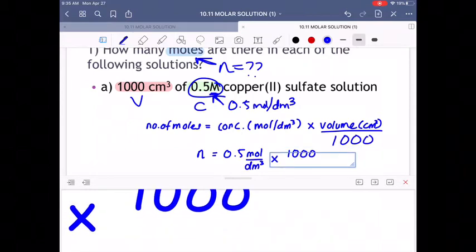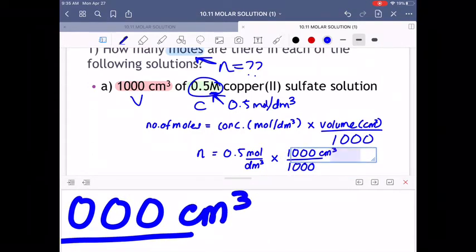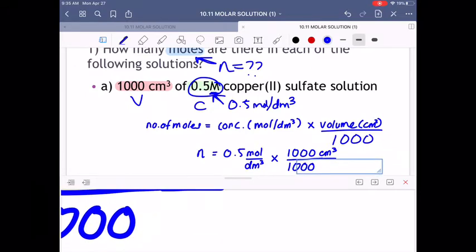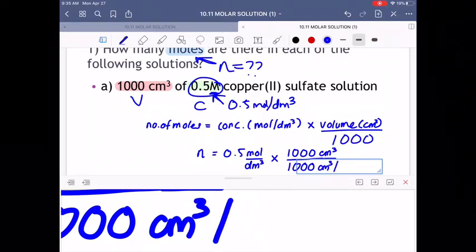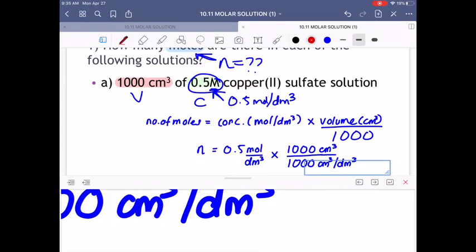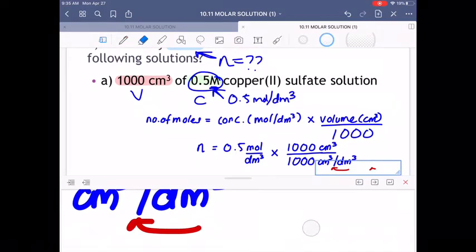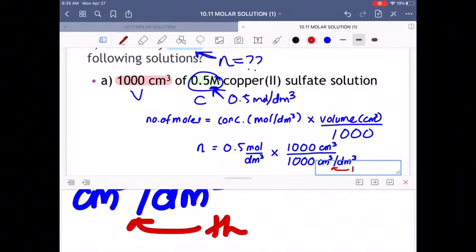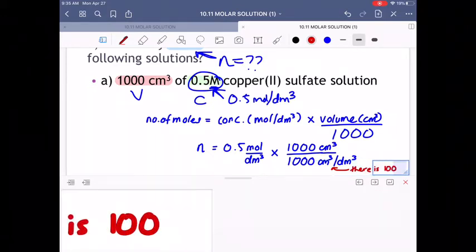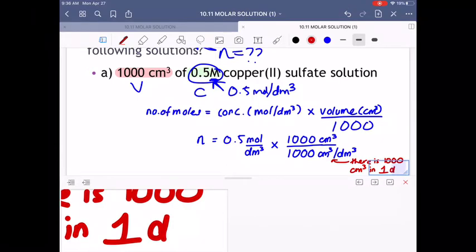1000 divided by 1000. This is in centimeter cube on the top, since the bottom here is actually centimeter cube per dm cube, which literally means there is 1000 cm cube in 1 dm cube.